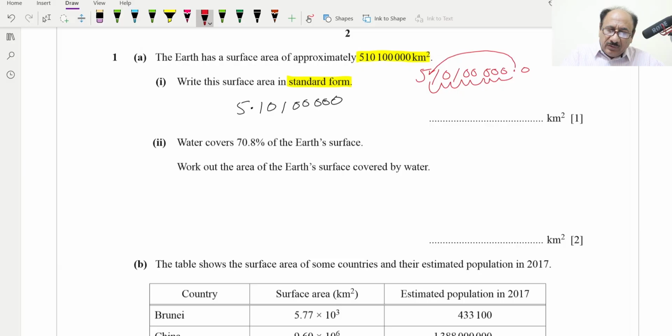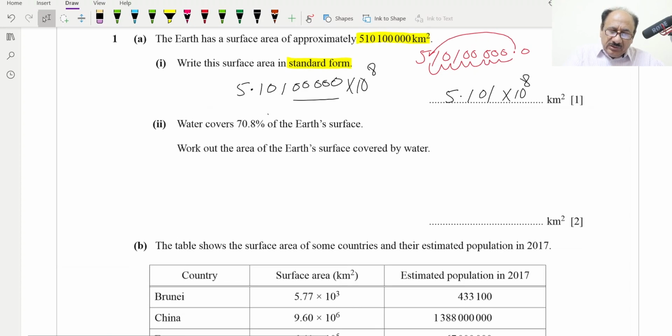So we will write this one multiplied by 10 raised to the power 8, and these ending zeros are not significant, so we will write the answer as 5.101 × 10 raised to the power 8. This will be our answer.